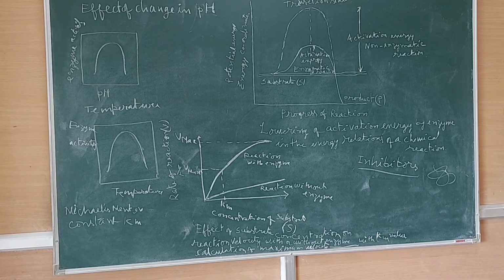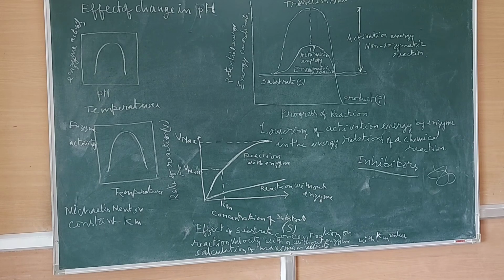Enzyme catalyzes dehydrogenation. Km, the Michaelis constant. Km is the concentration of substrate which permits the enzyme to achieve half Vmax.